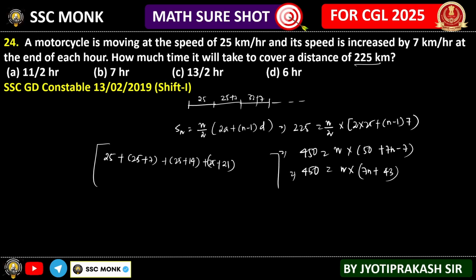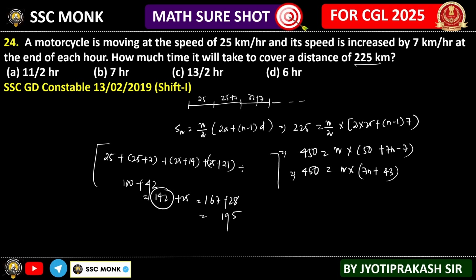So here 25, 25, 25, 25, 25 is 100, plus 7 into 14, 21 plus 21, 42. So how much distance gone? 142 distance gone. Then in the next hour 25 plus 21 plus 7, that is 28, will be covered. That is equal to 195.